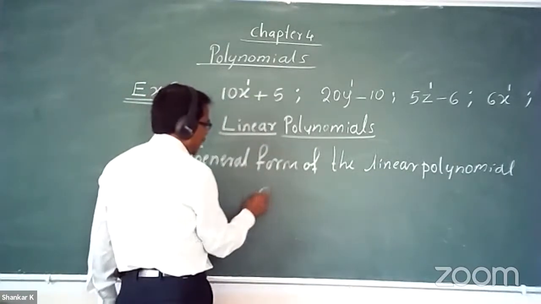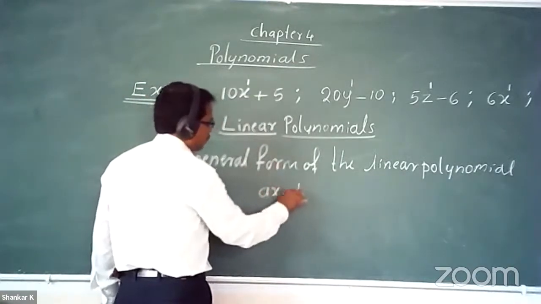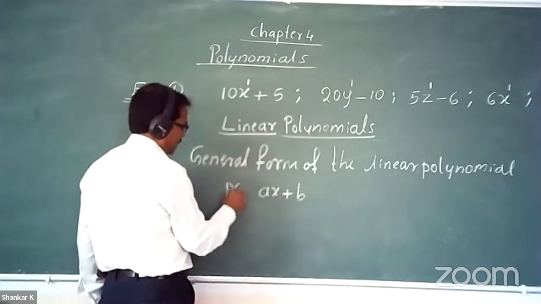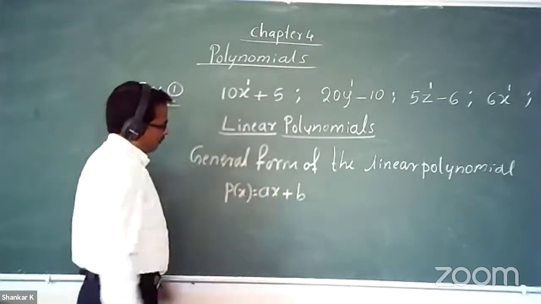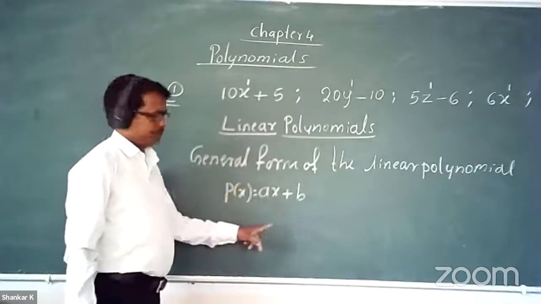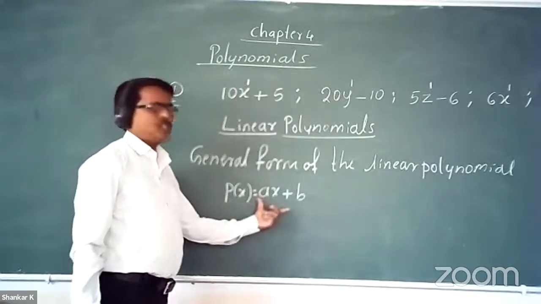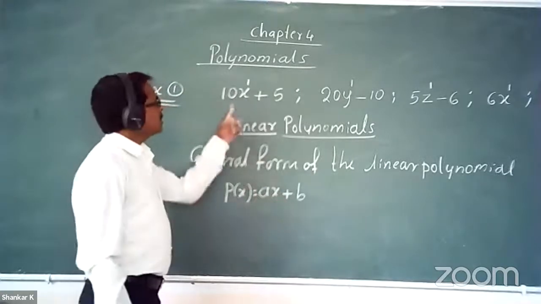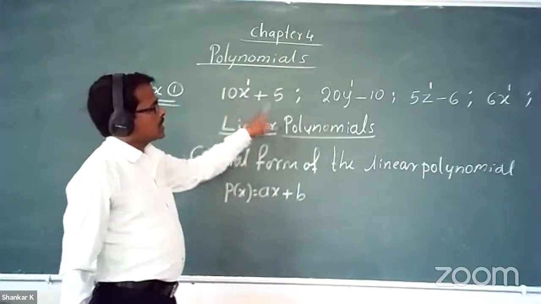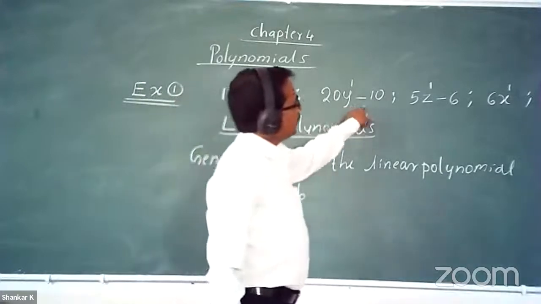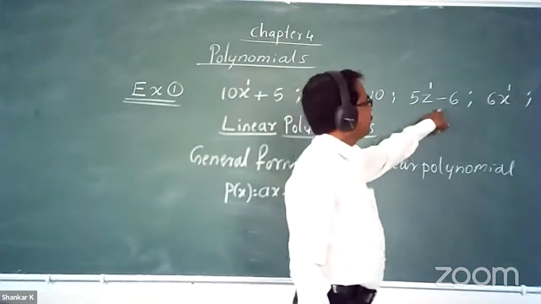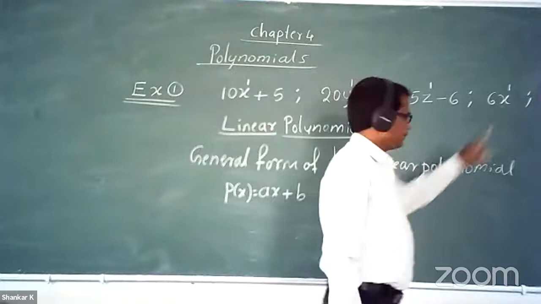It is ax plus b. P of x means polynomial in x. All polynomials will be of this form. This is a polynomial in x. This is a polynomial in y. This is a polynomial in z. This is a polynomial in x.